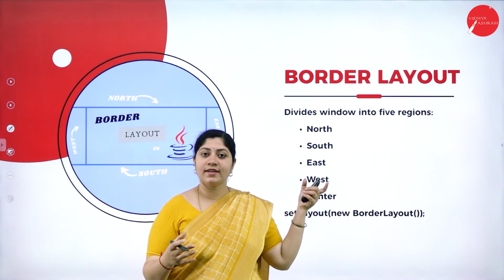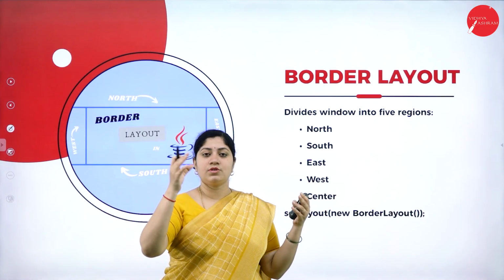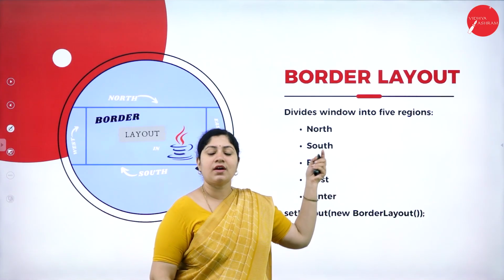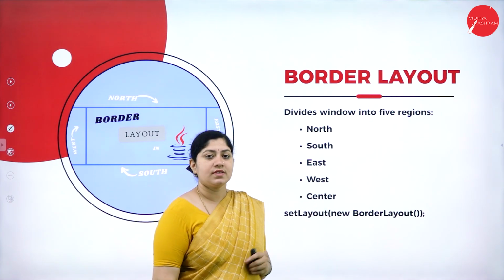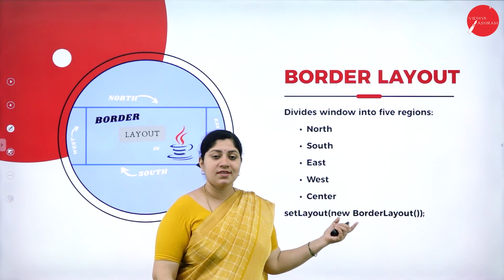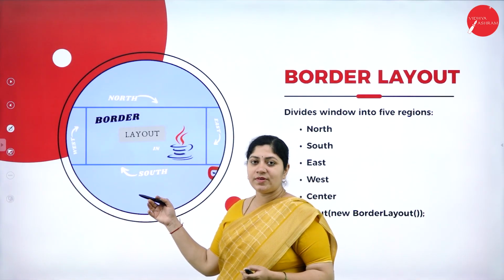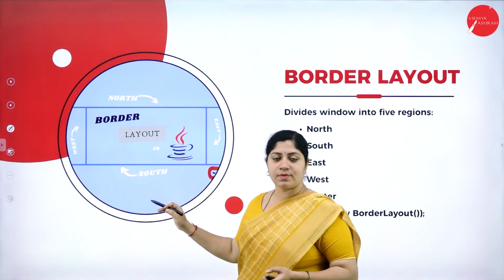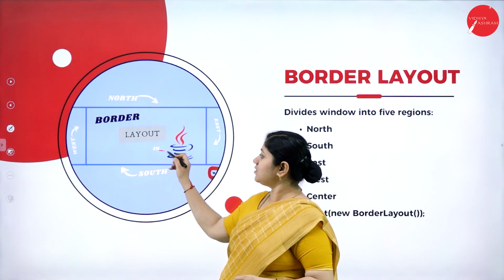So how does this handling happen? By dividing a complete window into multiple regions like north, south, east, west, and a center part. Thus the method that is considered is setLayout(new BorderLayout()). Yes, over here we can see that the regions are separated as north, south, east, west, and center.